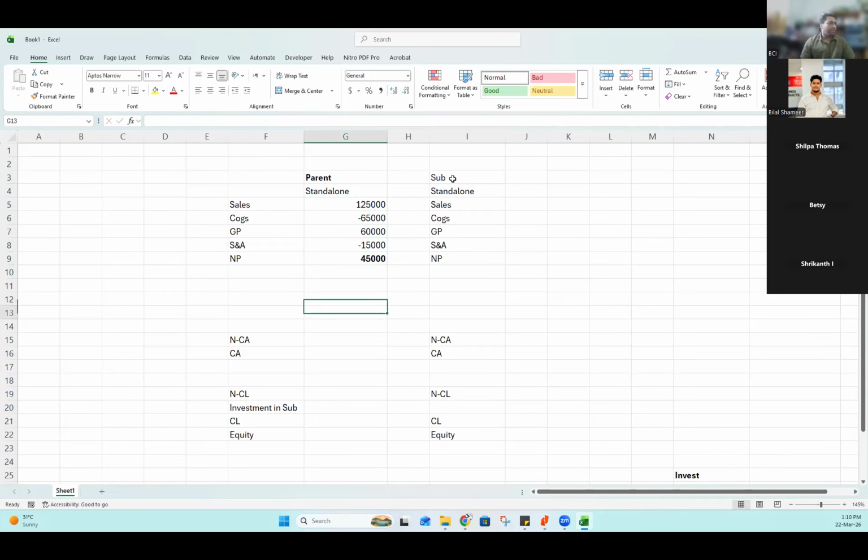The profit we have, then non-current assets, 3,000.